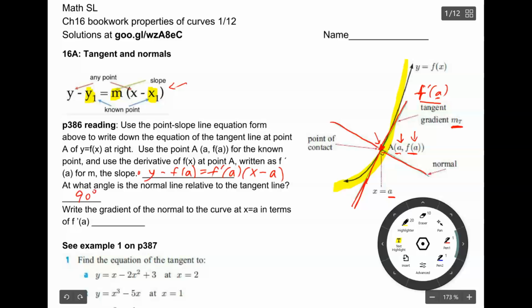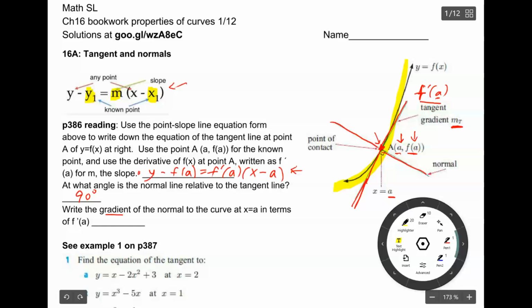Write the gradient of the normal to the curve at x equals a in terms of f dash a. Okay, so the gradient, and we're just talking about the slope, we're not talking about the equation of the normal line. The gradient of the normal line is going to be 90 degrees compared to the gradient of the tangent line.